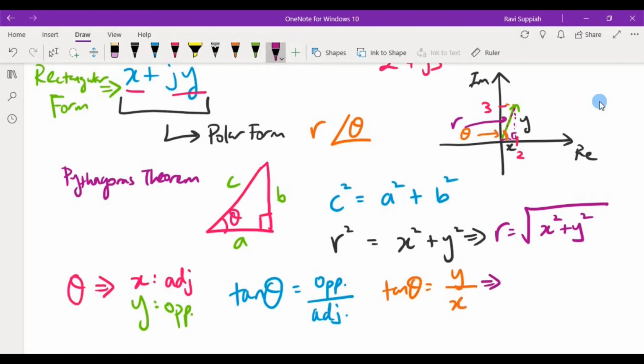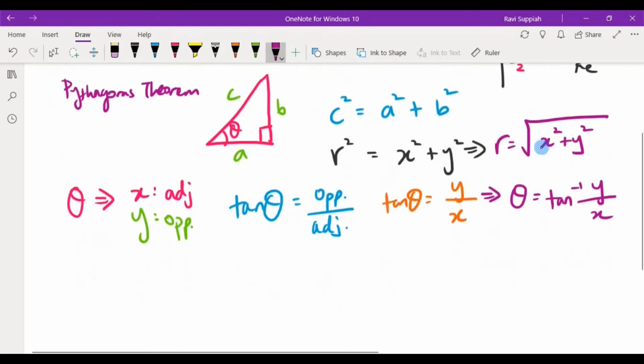From there you can derive theta to be equal to the inverse tangent of y over x. So that is basically how you can convert a complex number from the rectangular form to the polar form.